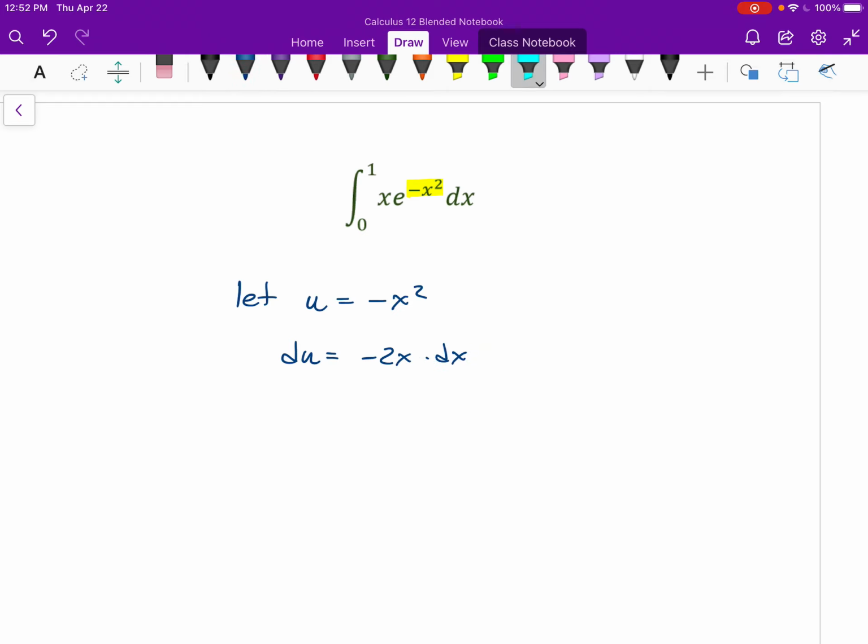And now looking here, I have the dx, I have the x, I don't have the negative 2. So again, I can create a negative 2 there as long as I multiply by negative 1/2 in the front. So everything seen in blue kind of matches up. Everything seen in yellow, I can substitute.